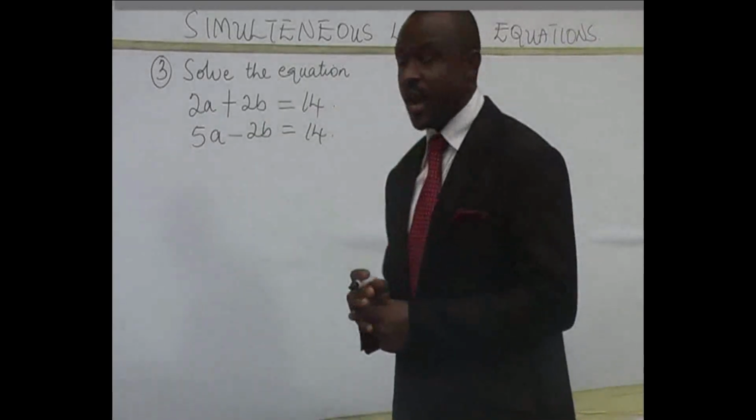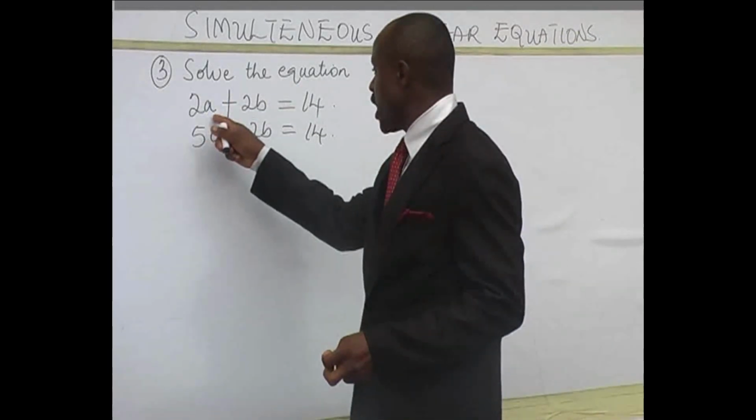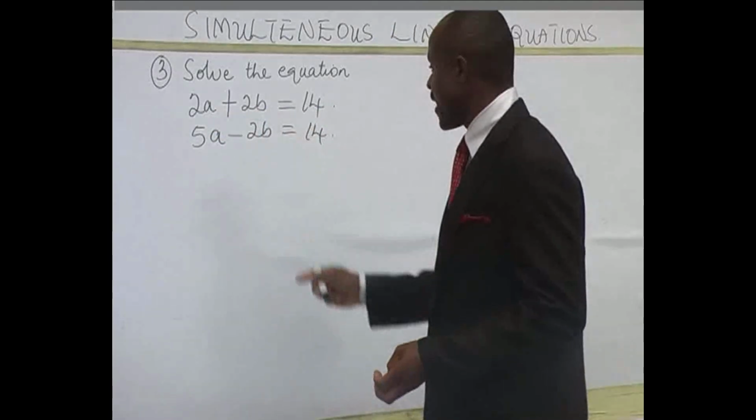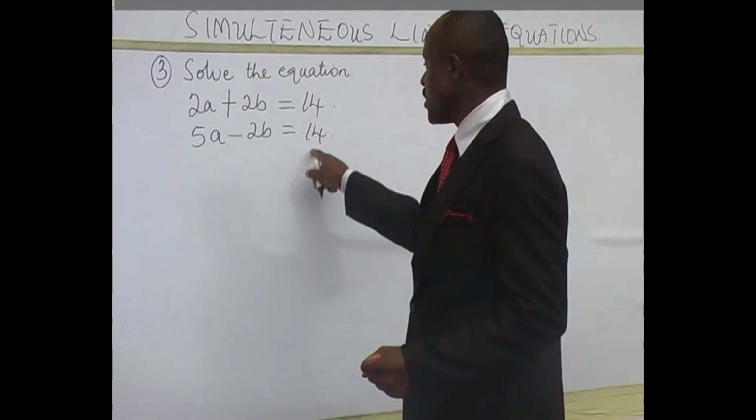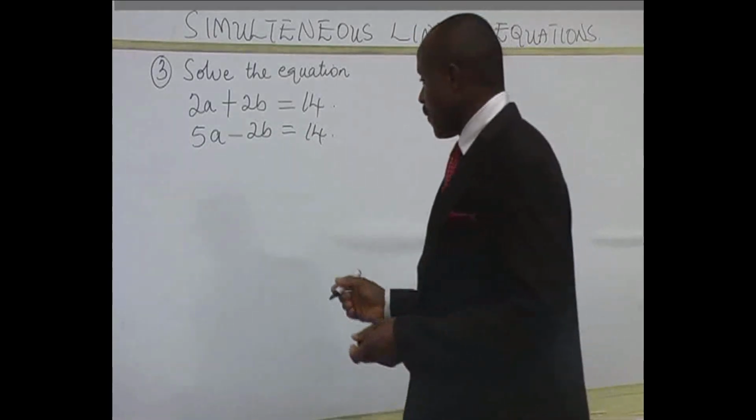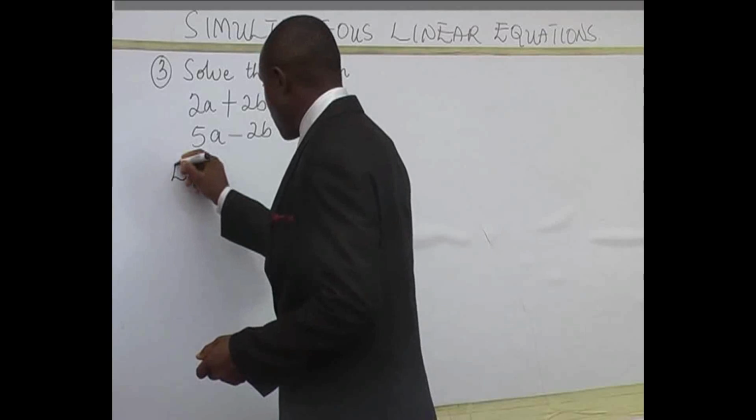Our next question says, solve the equations 2a plus 2b is equal to 14, while 5a minus 2b is equal to the same 14. Let's take the elimination method first.